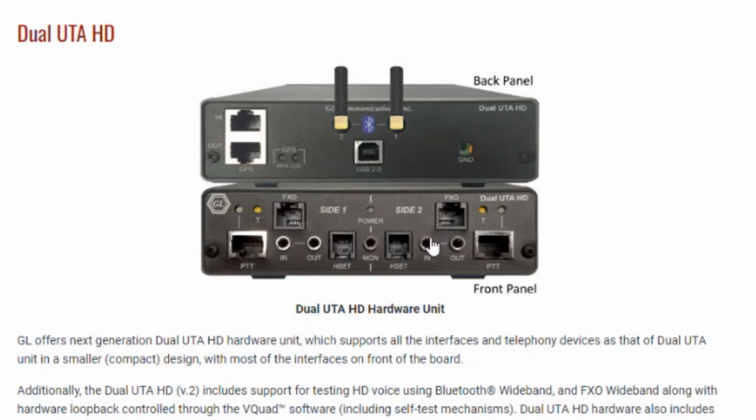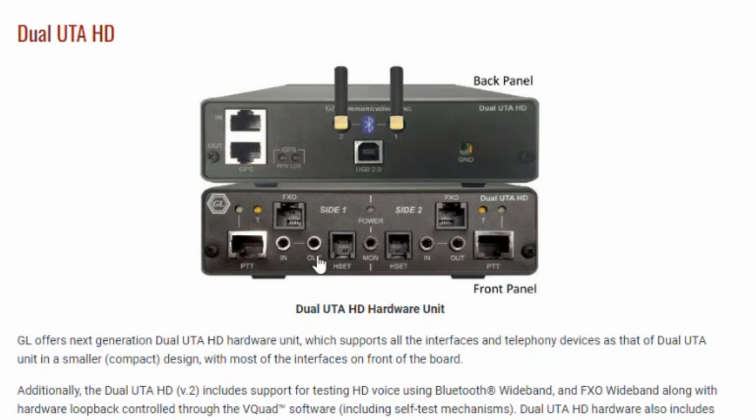Through the software, what we call our VQuad software, you specify which interface you want on side one, and which interface you want on side two. They don't have to work together. They can be independent. Side one can do one thing, side two something completely different, whatever you want to do.